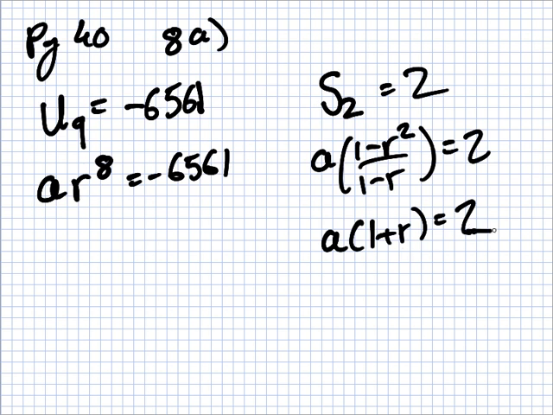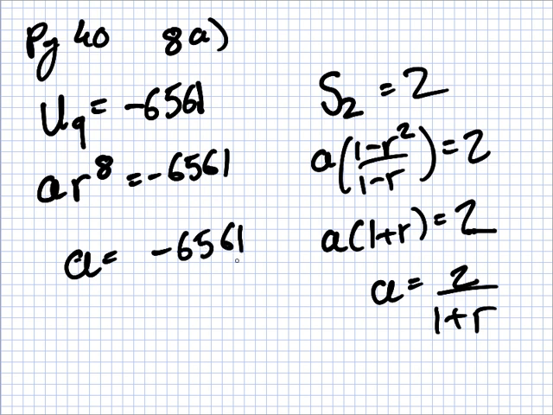So obviously that makes sense. And here I can say A is 2 over 1 plus R. Likewise here I can say A is minus 6561 over R^8. So I can equate them.